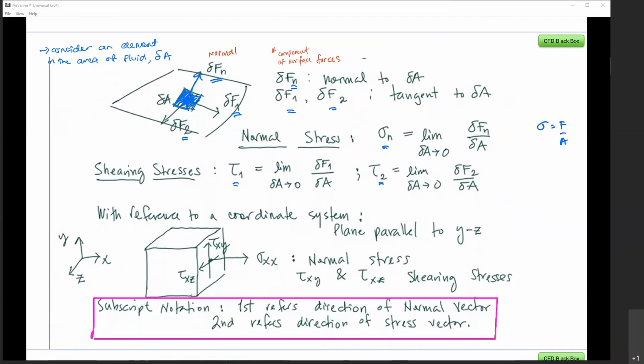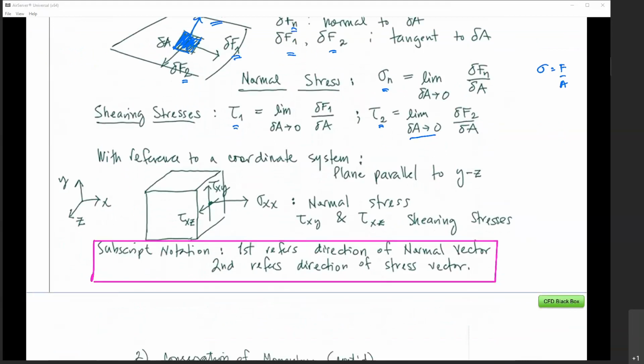Similarly, for tau 2, when the limit of dA approaches 0, we get dF2 divided by dA. With reference to the coordinate system, we are going to use the following system: x, z, and y, such as this. When we look at the first one here, let me highlight this.